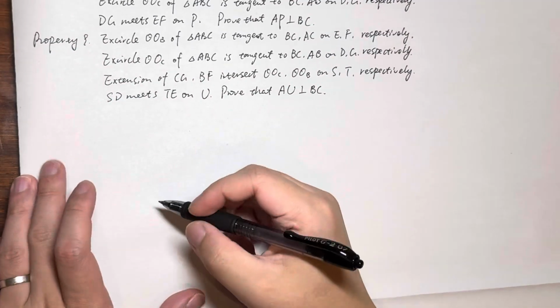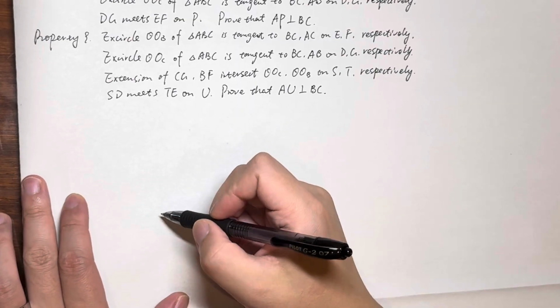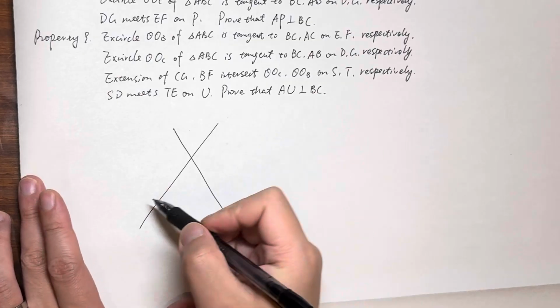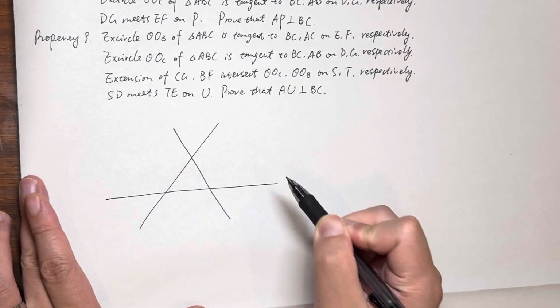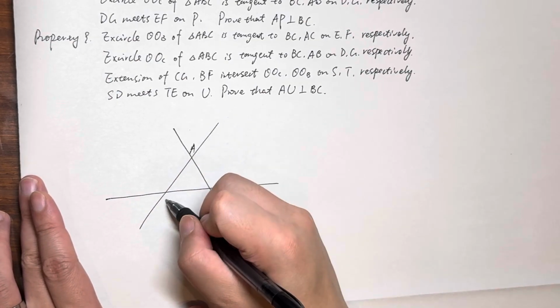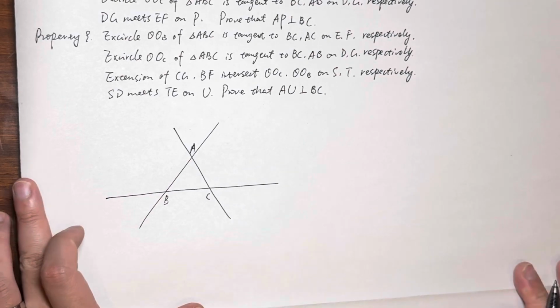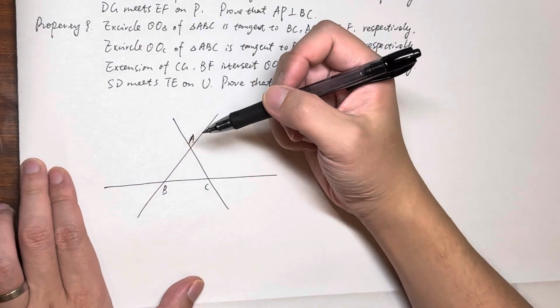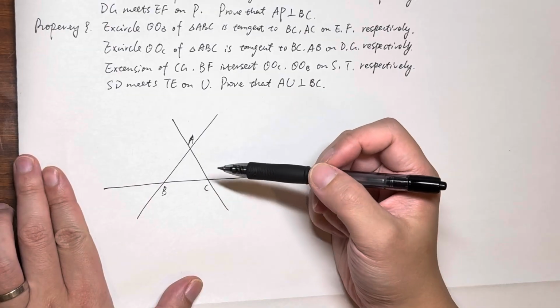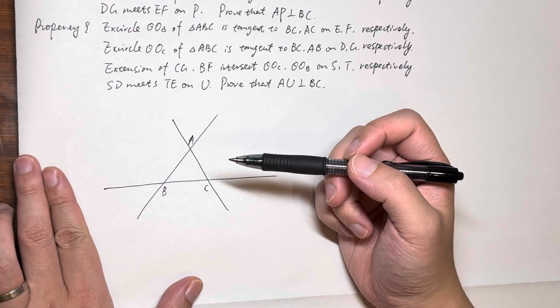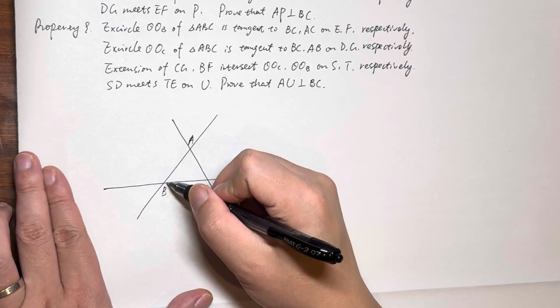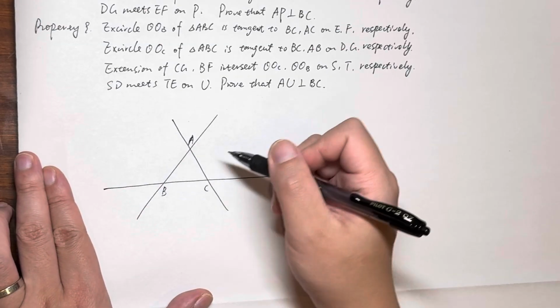So we have our triangle first, right? This is our triangle ABC. And we want to find the circle OB, which is the excircle relative to the vertex B, right?